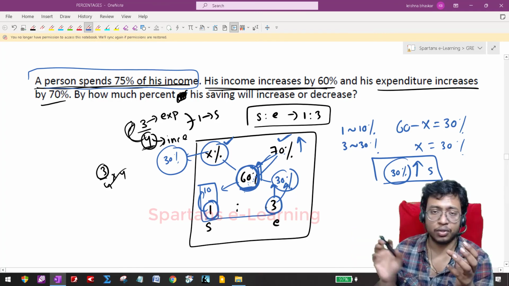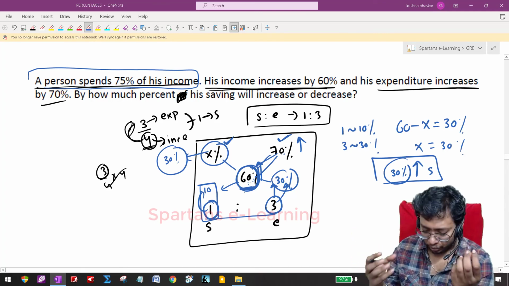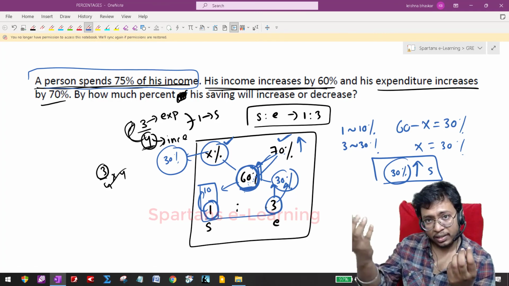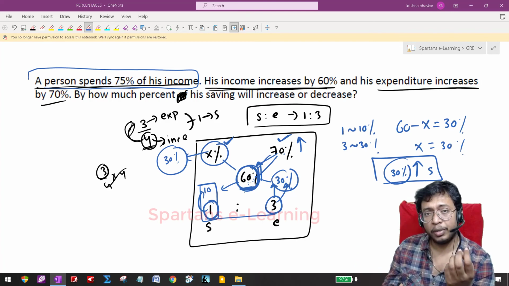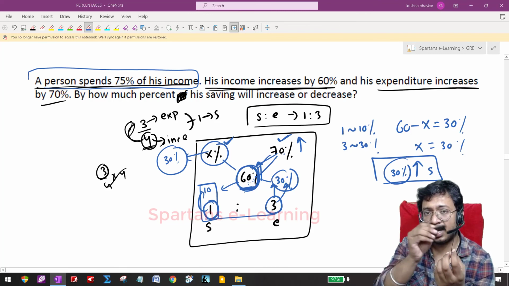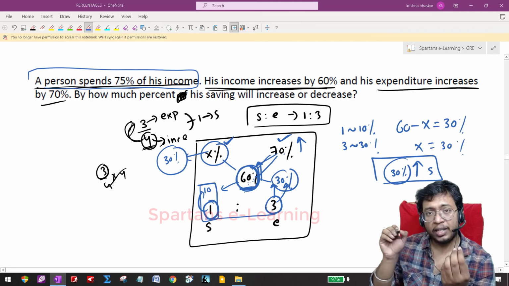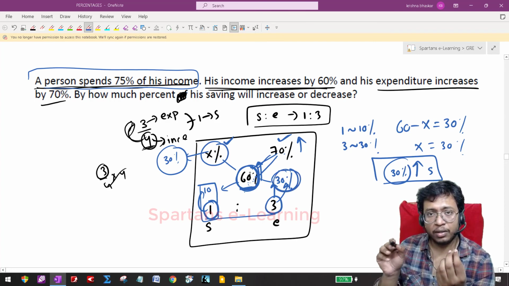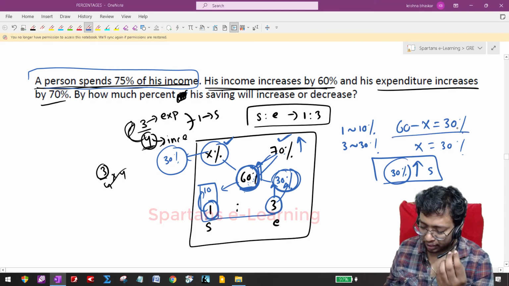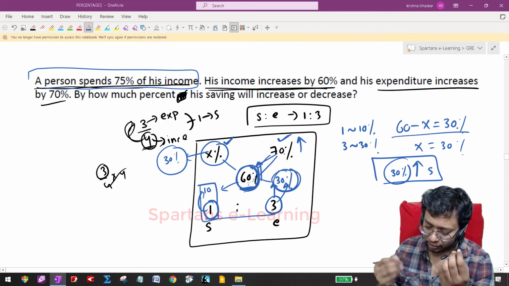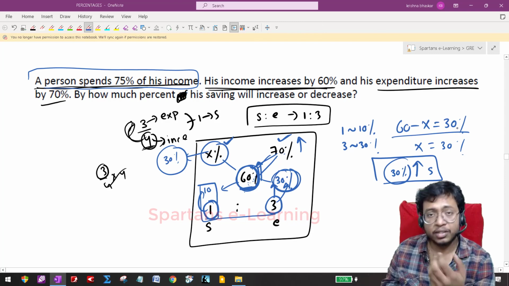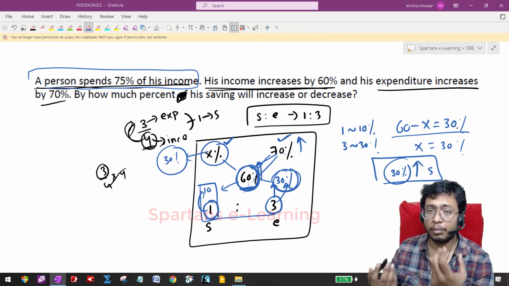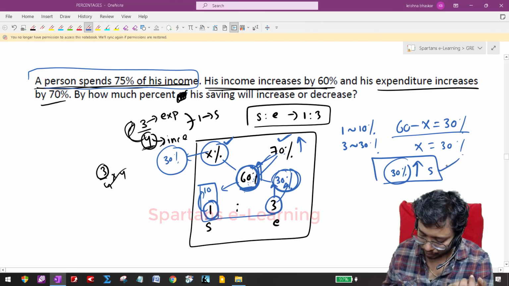Now 60 is already less than 70, so 60 should be greater than the other entity, which means the other entity should be less than 60. So 60 minus X is equal to the difference, right? That's what I have written here. So X will be 30%. 30% is positive, which means there is an increase of 30% in savings. That's your answer.